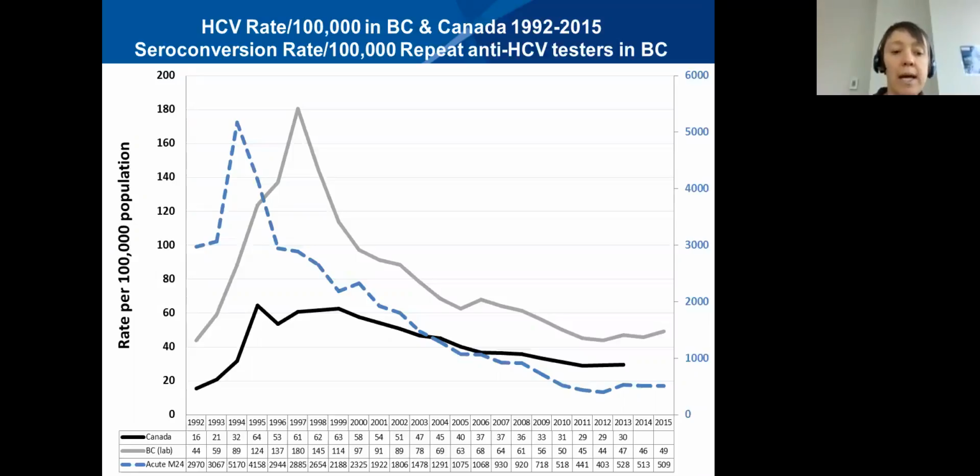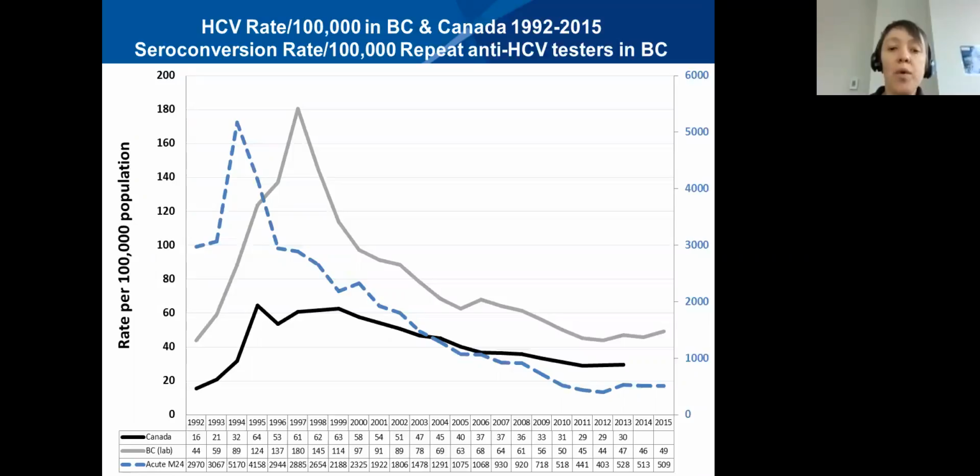The gray line is the number of new cases per year in BC, expressed as numbers per 100,000 people in BC, and the black line is the same trend for Canada. This plot shows from 1992, when the test became available, to 2015.